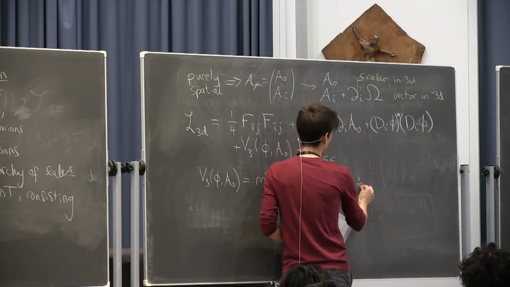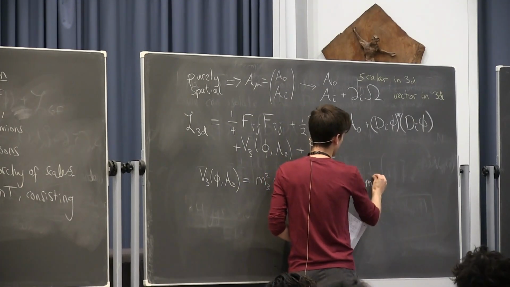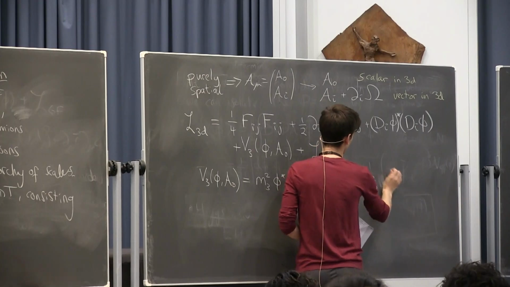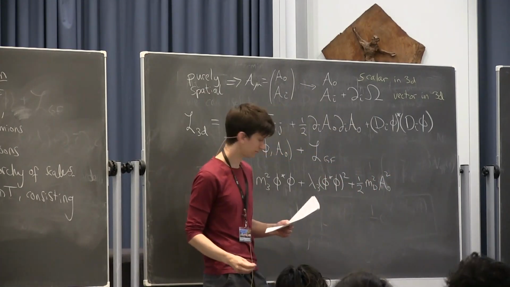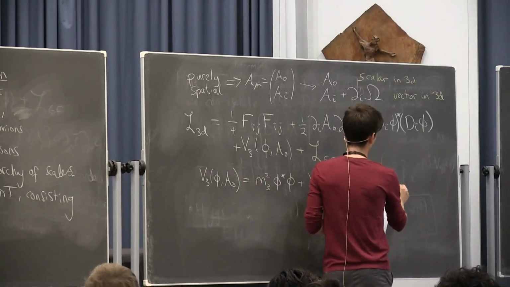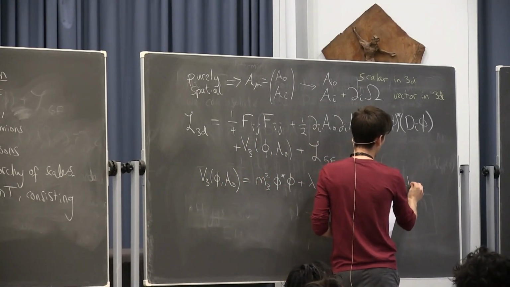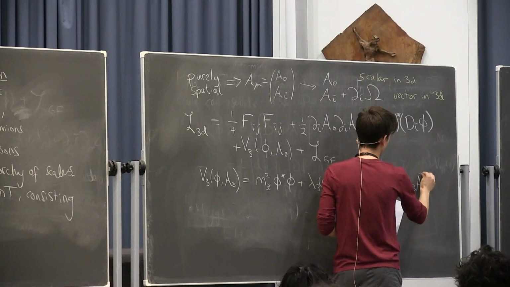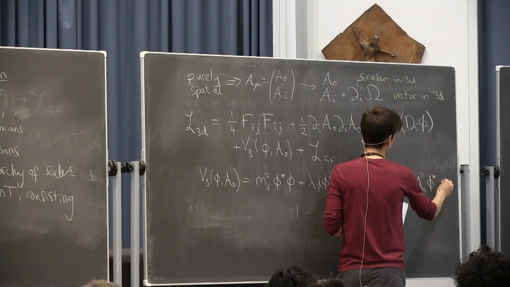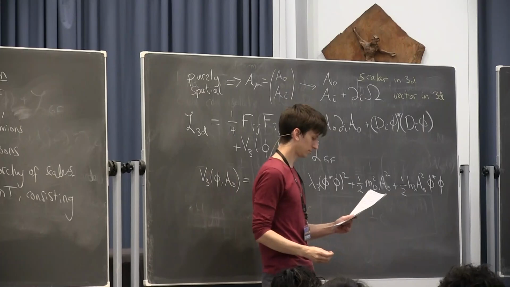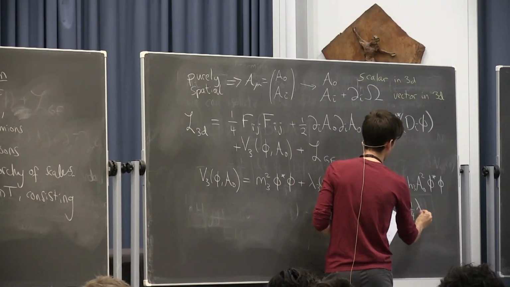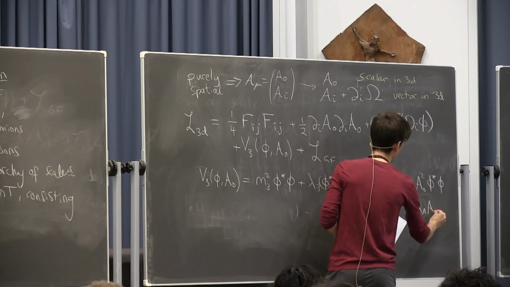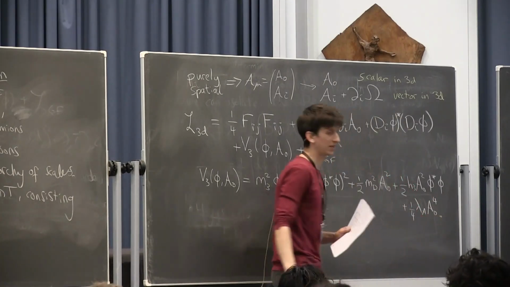Now that I have a scalar, A0, it can in principle have a mass. Oops, sorry. It's a real scalar, hence the half. I can have couplings between my new scalar and my old one. And in principle, I can also have a self-coupling for the scalar.